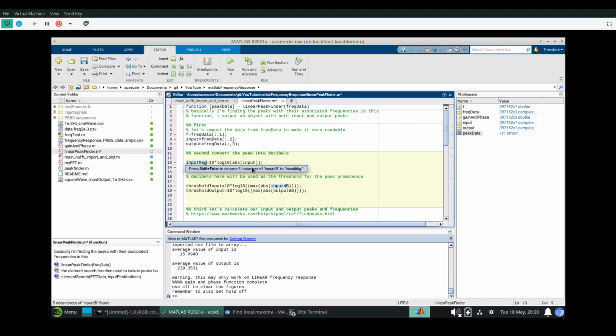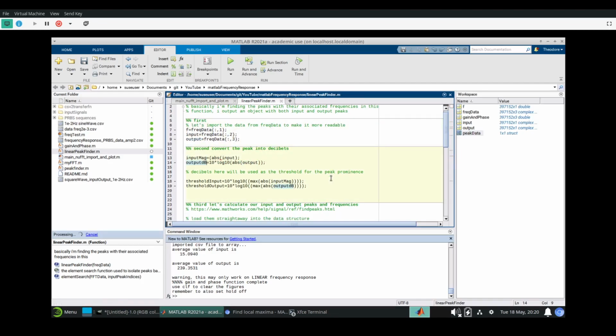So we'll call this input magnitude. Input magnitude is just the absolute value of the input, and we'll give this output magnitude. Output magnitude will be also the absolute value of the output.